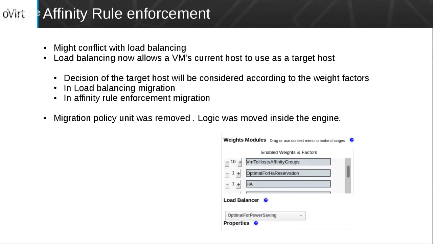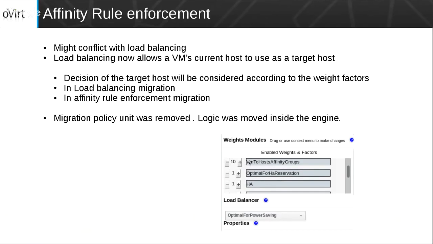In case we want to make sure that affinity rule enforcement migration is much stronger, because it uses the same structure of the scheduler, we need to make sure that our weight model of the VM to host affinity has a larger factor than the other weights and factors here.